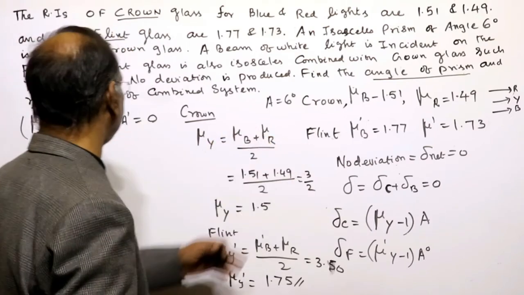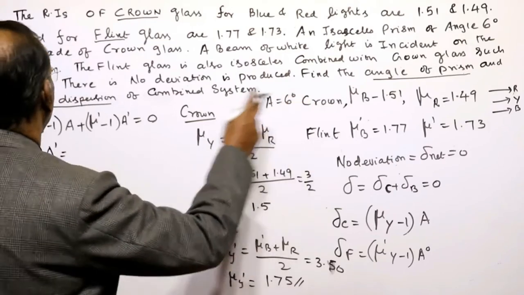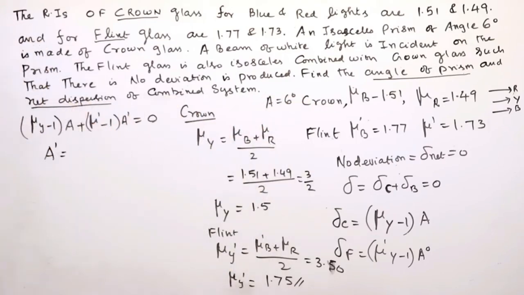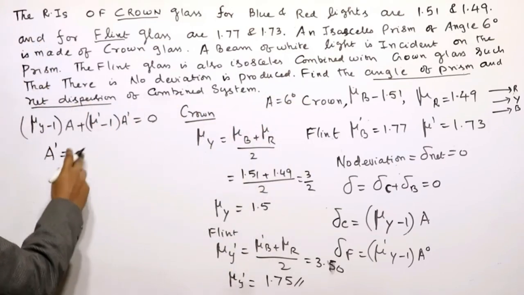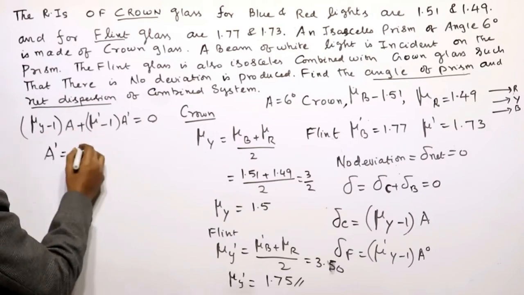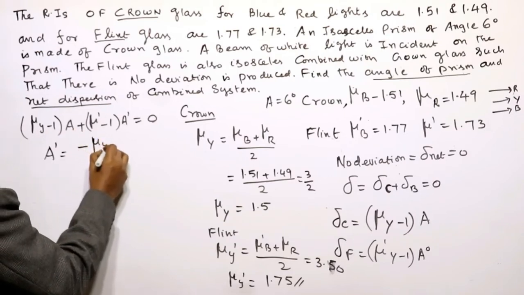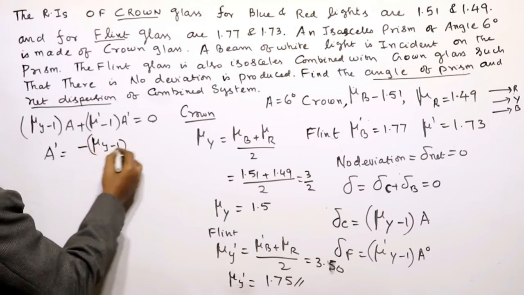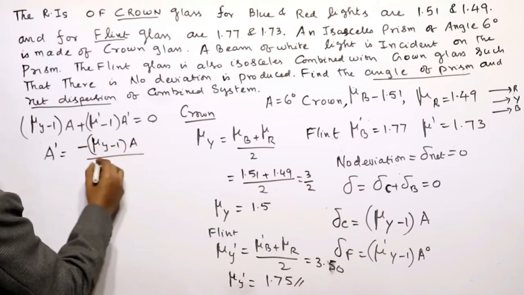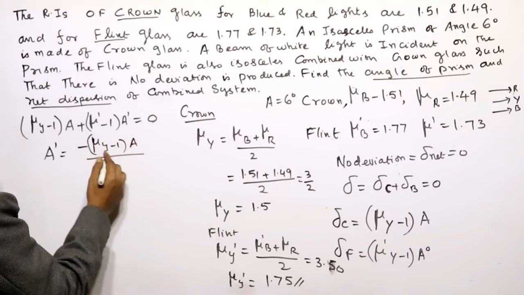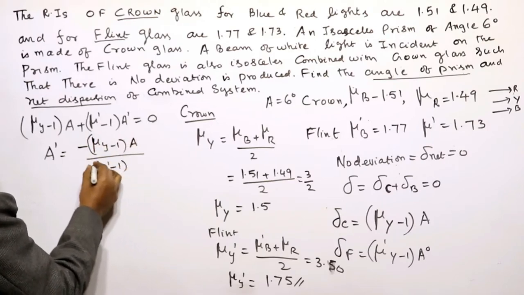The second one is flint. So what he is asking is to find the angle of prism and dispersion. Find the angle of prism of the flint. So A dash is equal to minus (μ minus 1) into A divided by (μ dash minus 1); this is for crown, this is for flint.